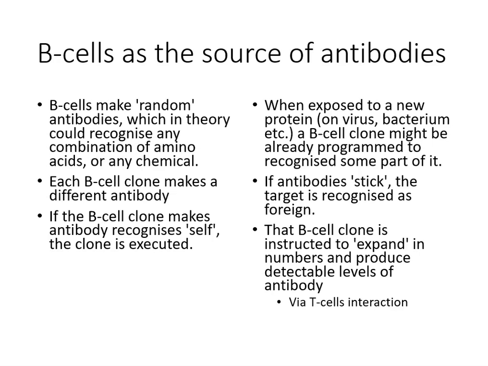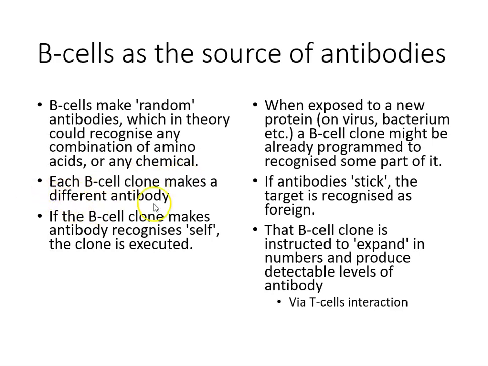So to summarize what we've covered so far, the B cells are the source of antibodies, whether we're dealing with humans or other animal systems. B cells make effectively random antibodies, which in theory could recognize anything, any chemical, any run of amino acids, any oligosaccharide, which is basically a run of carbohydrates that you often find on the outside of bacteria.